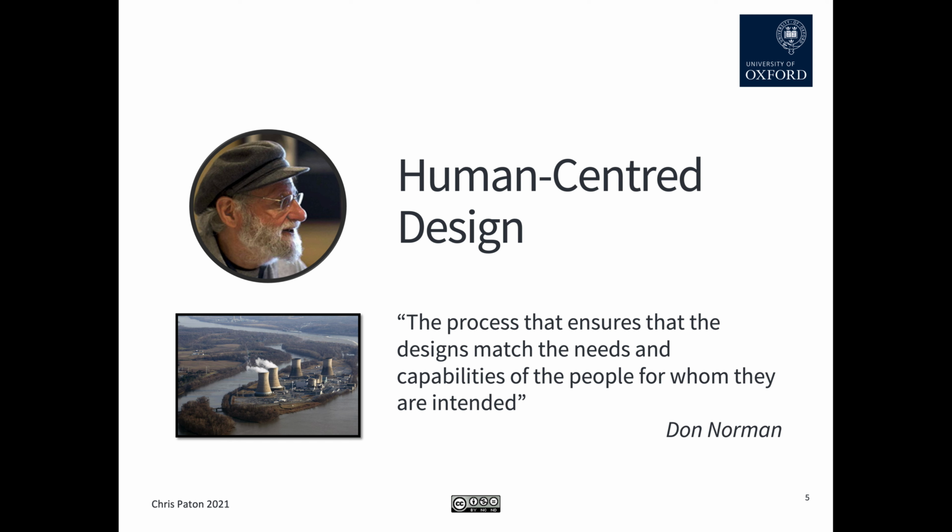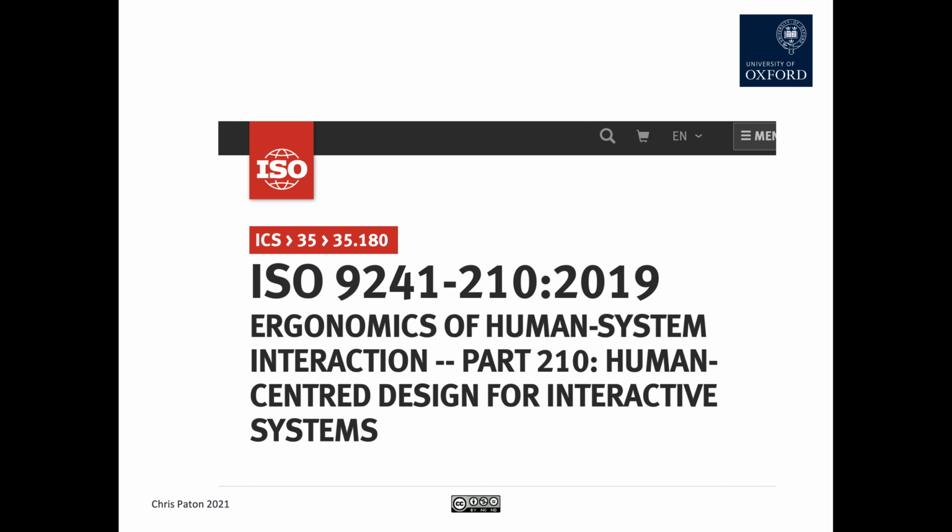And he says that human-centered design really is a process that ensures that designs match the needs and capabilities of the people for whom they are intended. And I think that's quite a good definition. There's also a definition from ISO, the International Standards Organization. So human-centered design is really the standard process for designing information systems nowadays.